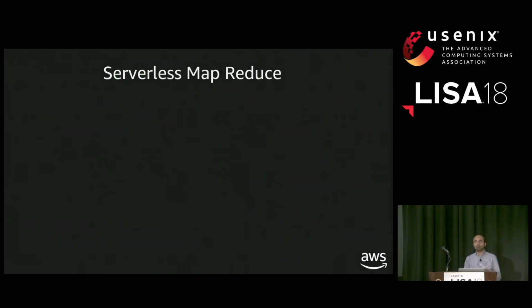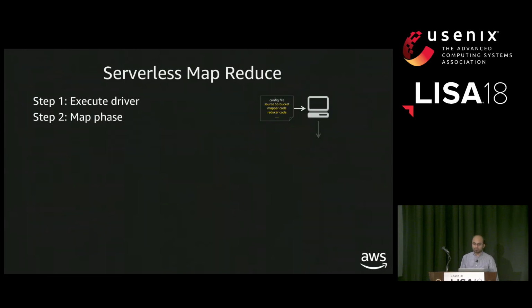So let's talk about how we can build that scalable architecture to do big data processing. So I'm just going to walk through. Essentially, you have a driver function where you can configure what are the keys. Basically, you want to get the data, and then you build your functions to essentially have your mapper and reducer functions defined.